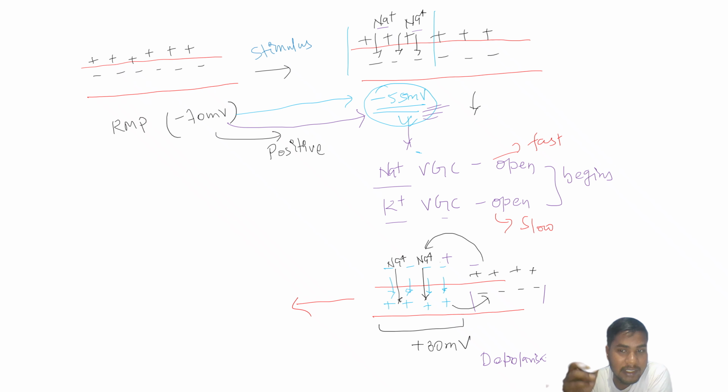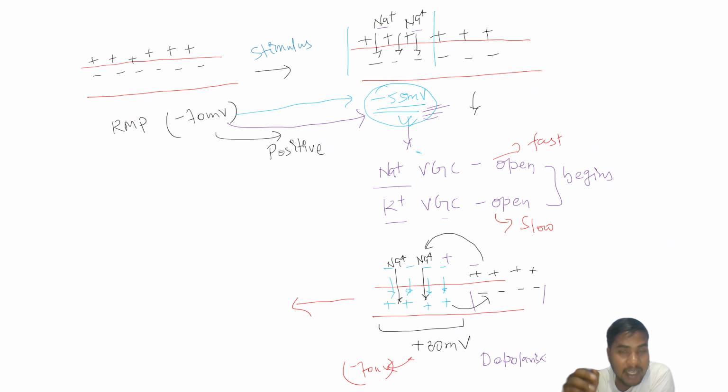So to generate another nerve impulse, the neuron has to reach repolarization, that is, it has to attain minus 70 millivolts, that is the RMP, so that it can again lead to generation of another nerve impulse. So how is it happening?